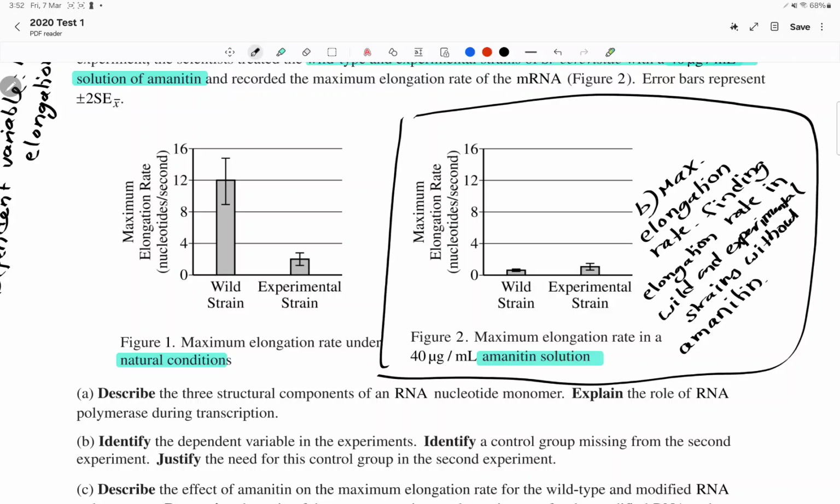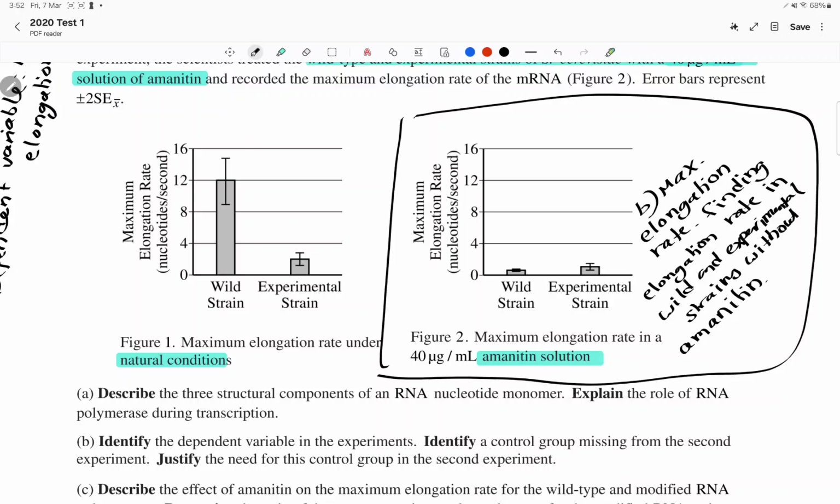Okay. Justify the need for this control in the second experiment. Why do you think control is important? Compare it with other. Right, so to see the impact of the Amanitin, to assess the impact of the Amanitin on the elongation rate. Because right now, they both look low, but are they truly low? No. Where's, okay, where is our control?